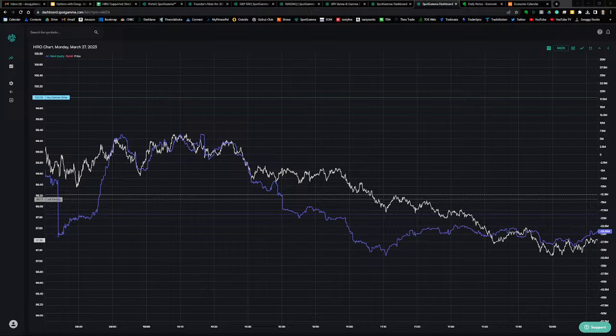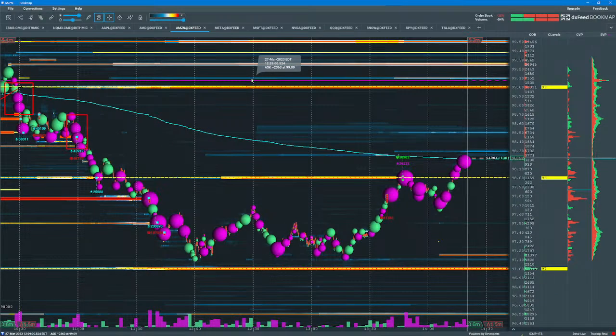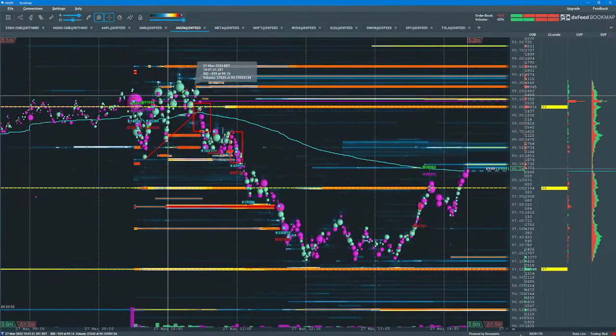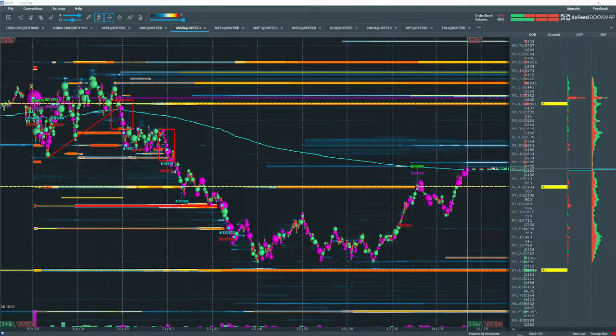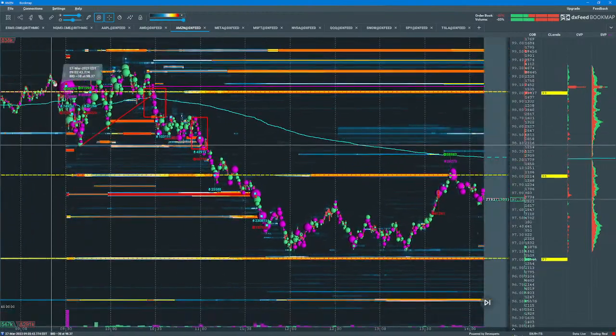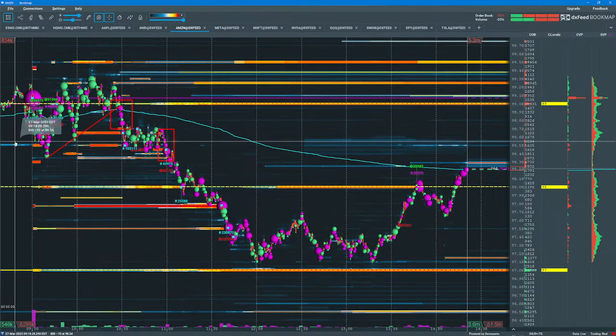Let's go take a look at Bookmap for Amazon. So here's this consolidation that we just saw on HIRO as it was dropping, and then notice, I'm going to zoom in on this so we can see this a little bit more clearly.